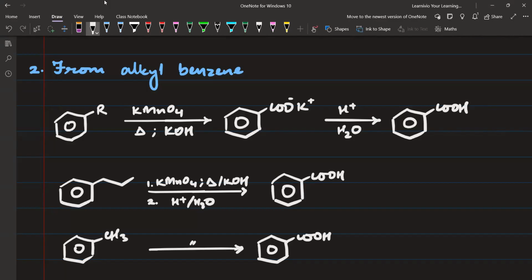If you have started with the basic medium, then you need to have the last step as workup, or it is H plus in the presence of water. This step is known as workup in organic synthetic labs. So you will have to do this workup. It's basically the addition of H plus in the presence of water. Bring it to acidic medium, then you will get carboxylic acid. These are the small things you need to take care of. But overall, the majority of the part is functional group conversion, from one functional group to another, and that too single functional group conversion, not multi.